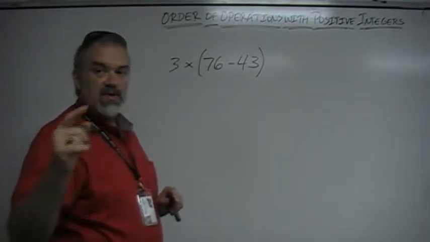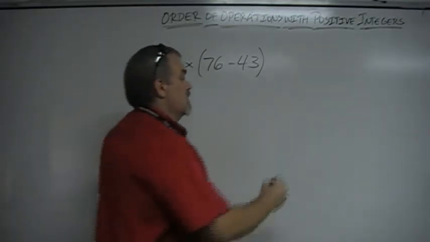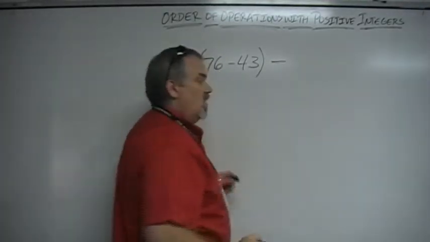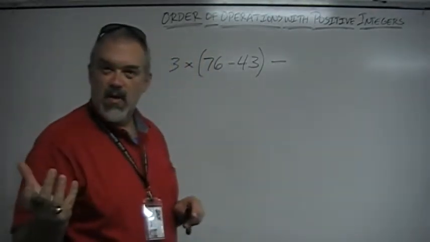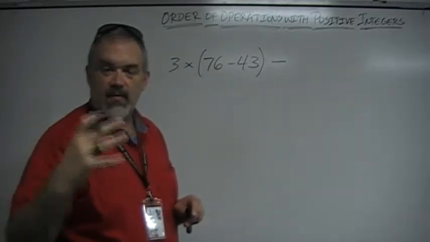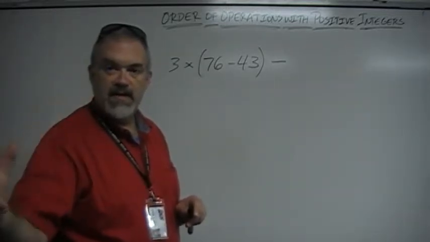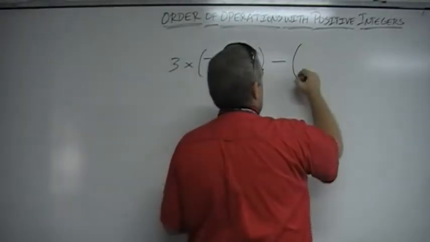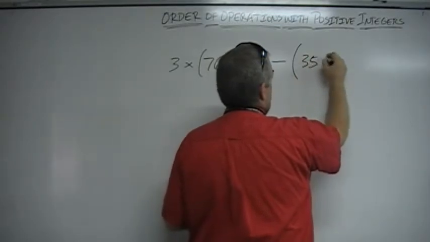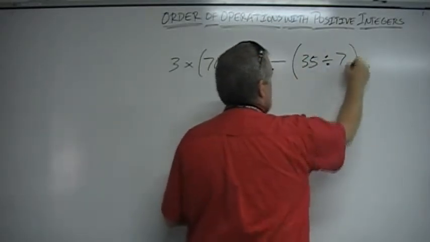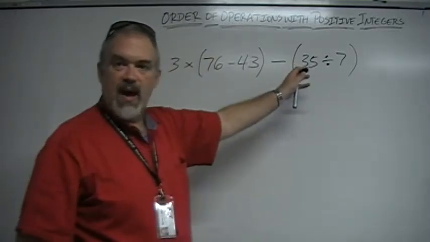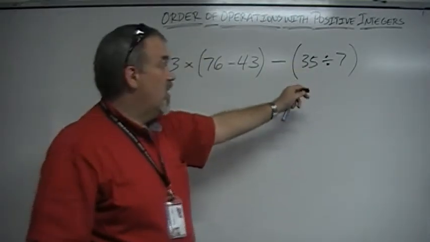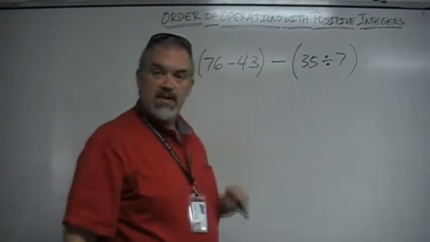And then I'm going to subtract, minus, the quotient. What's a quotient again? It's the answer to a division problem. The quotient of 35 and 7. 35 divided by 7. Now, question, do I actually need those brackets? No, I don't, because this I would do before the subtraction anyway.